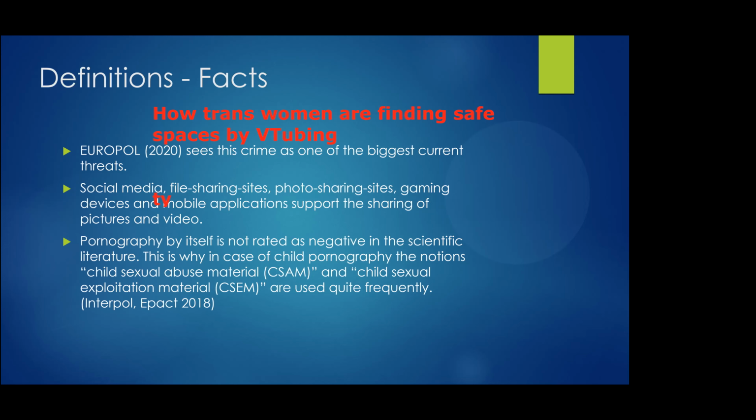Of these sites hosted in Europe, 71% are hosted in the Netherlands, which is equivalent to more than 93,000 URLs. Pornography by itself is not negative in the scientific literature. This is why child pornography is known as child sexual abuse material, and child sexual exploitation material is also used quite frequently.